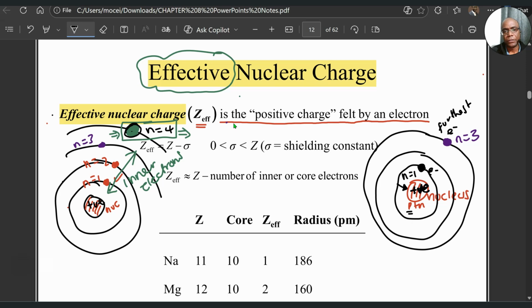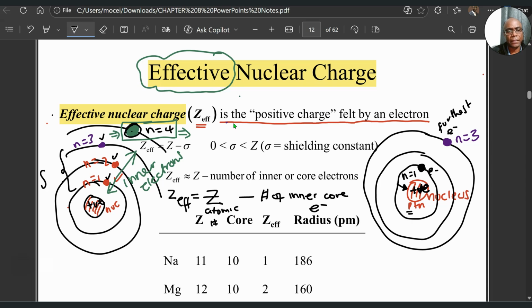So the effective nuclear charge is going to be equal to the atomic number Z, which is basically the protons in the nucleus which are creating the positive charge, minus the number of inner core electrons. What are the inner core electrons? It could be the purple and the red and the red. Those ones, they shield.